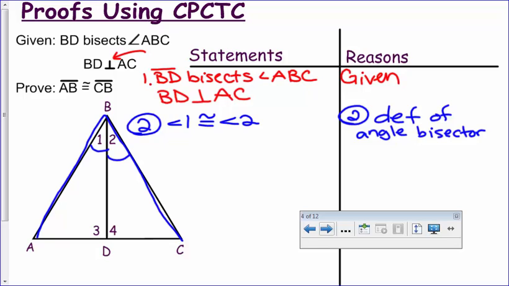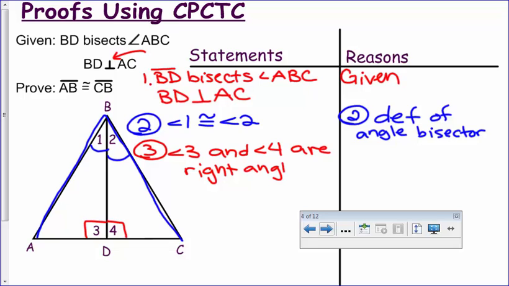I know that BD is perpendicular to AC, creating a right angle here and here. You don't have to draw both boxes in, but what that tells me is that for statement number 3, here we go with our next 2 statements, that both angle 3 and angle 4 are right angles.